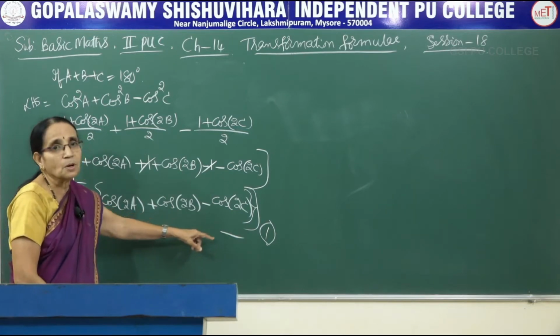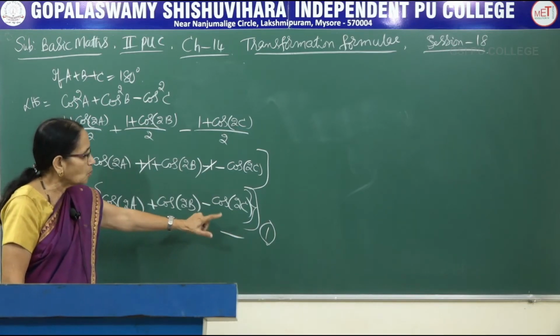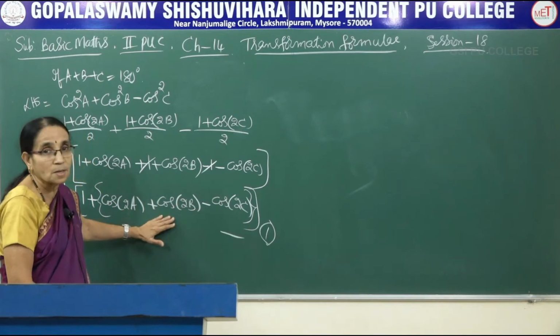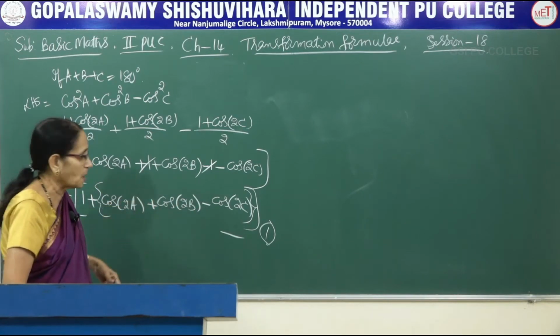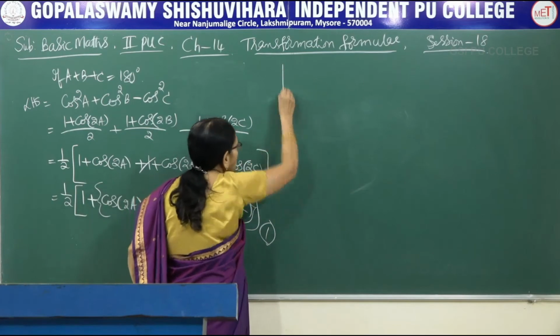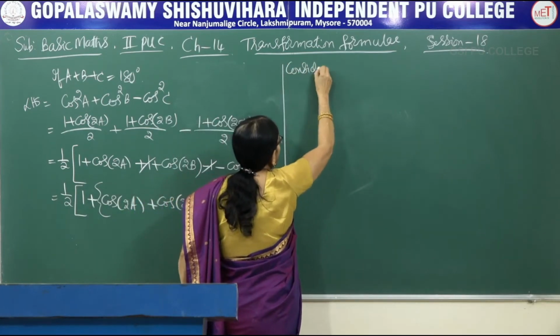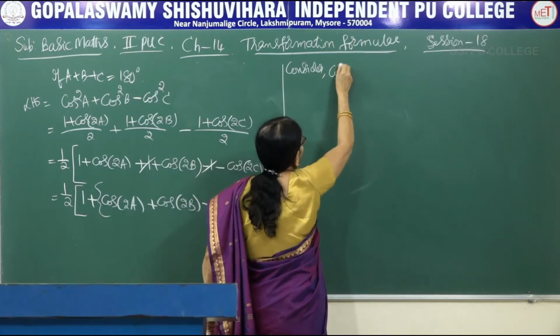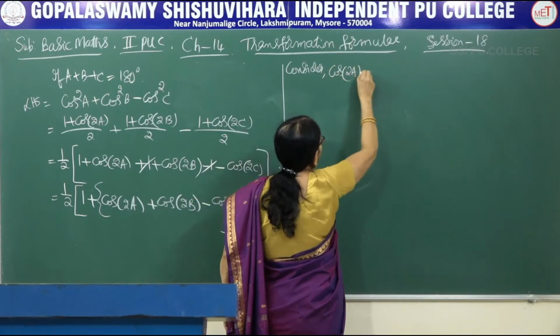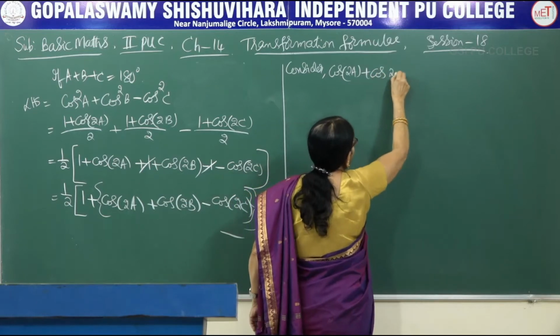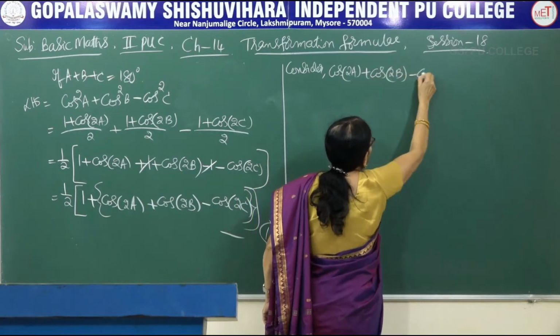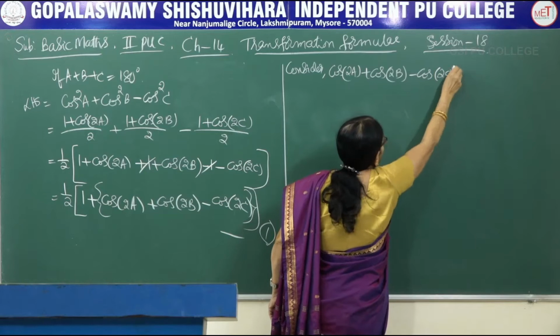That's why I am giving a number for this one. Now write, consider this result, that is cos of 2A plus cos of 2B minus cos of 2C.